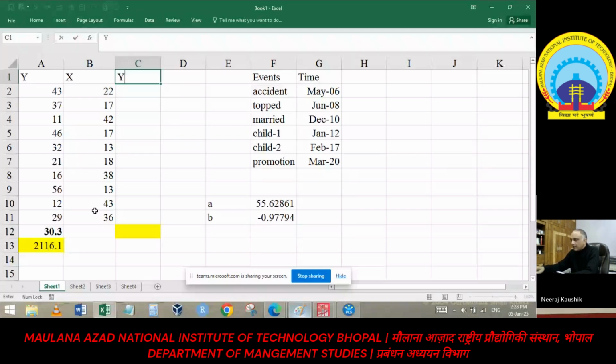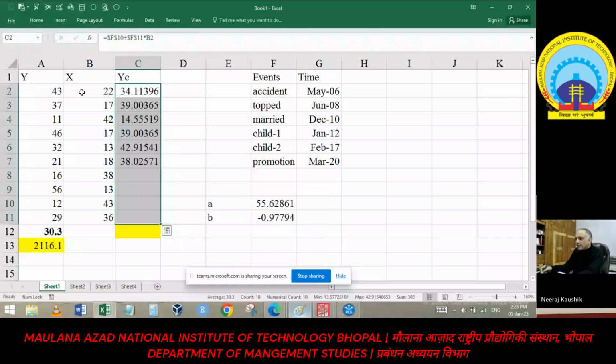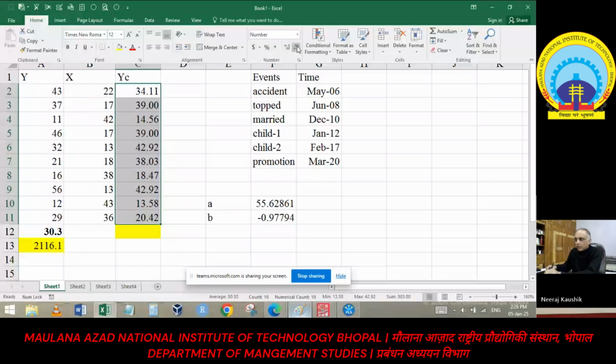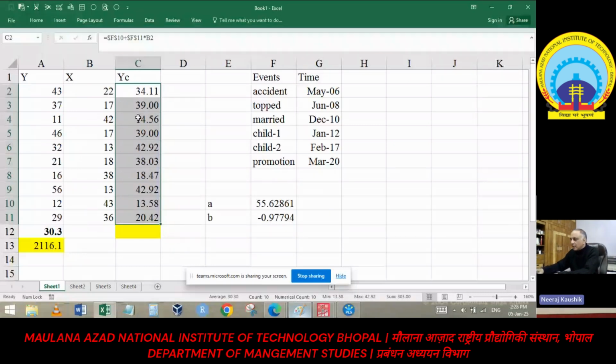Now YC is equal to A plus B into X. So this is YC. Now what is YC? Inside the YC, please remember, is the X. Do you understand what this YC is?